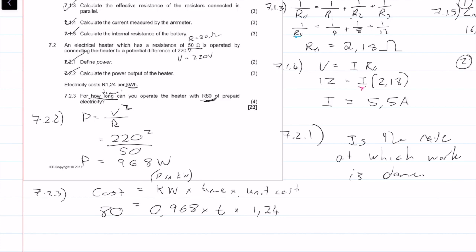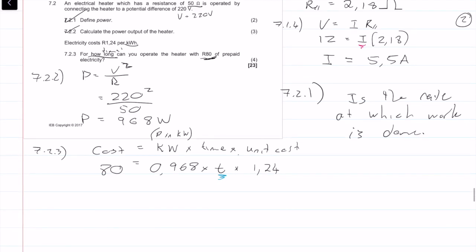Then our only unknown is T, so T is equal to 66.65 hours. Okay, that's that question done, and we get 4 marks for that.